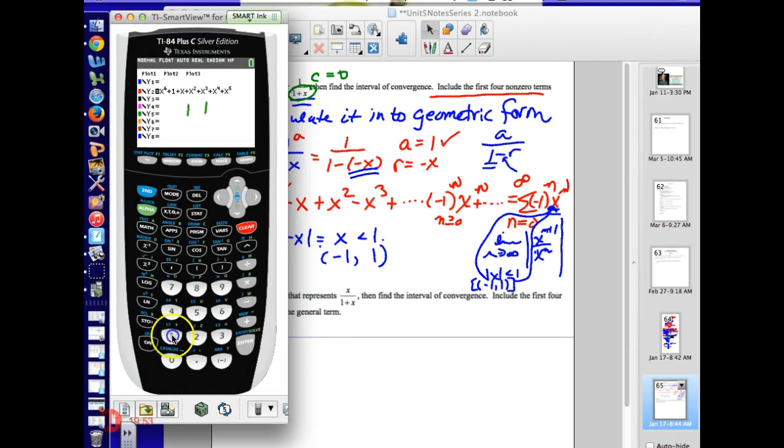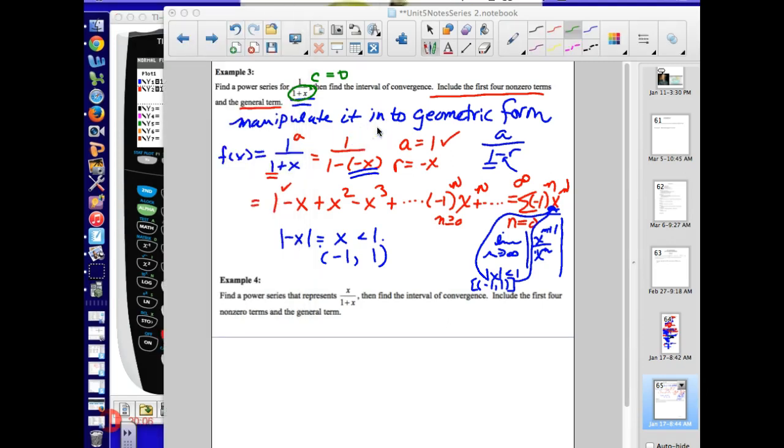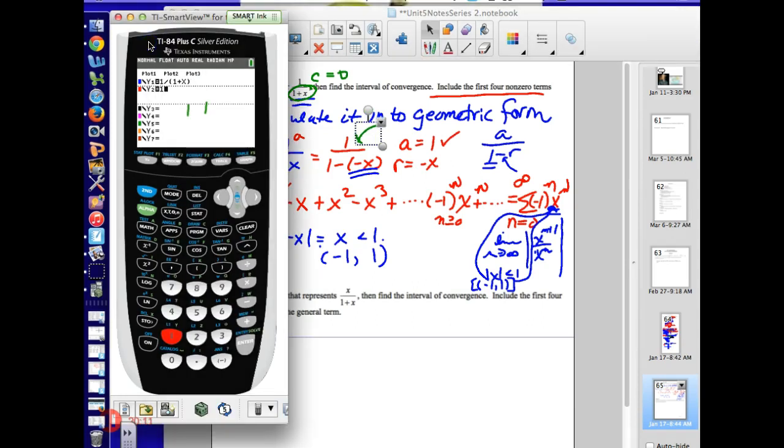According to my calculations, 1 divided by 1 plus x was manipulated into a geometric series that started at 1 because of this, and then it had a common ratio of negative x, so it went minus x, and then times negative x again, and it goes plus x squared, then times negative x again, and it went minus x to the third, and then times negative x again, and it's plus x to the fourth, etc. I'm going to go one more, minus x to the fifth.